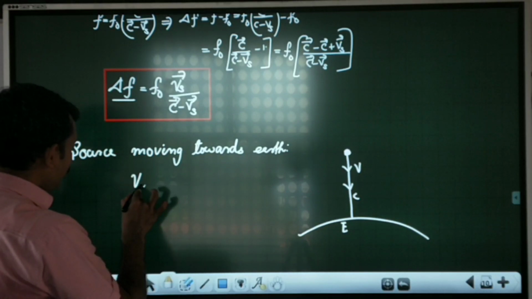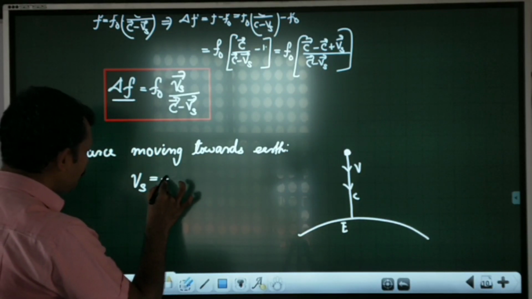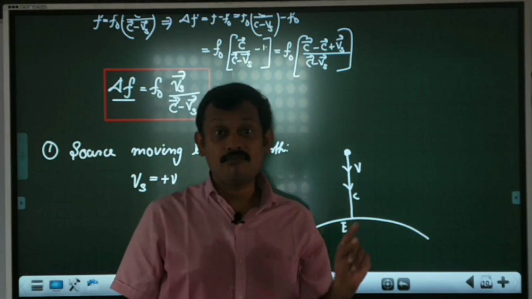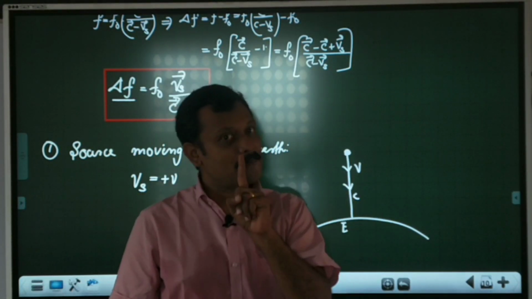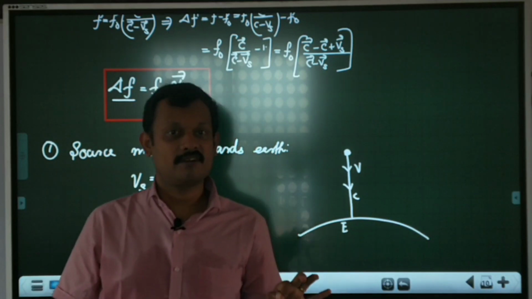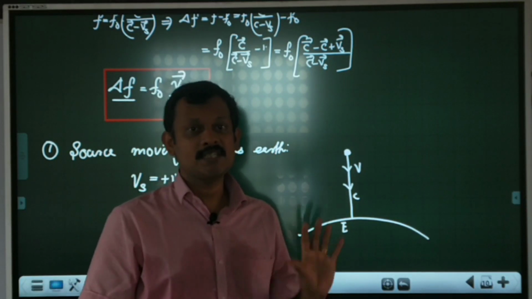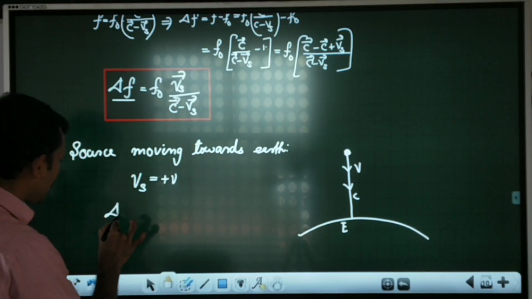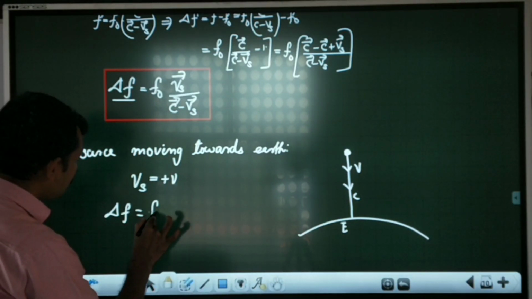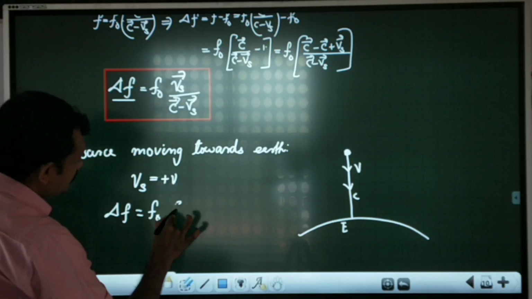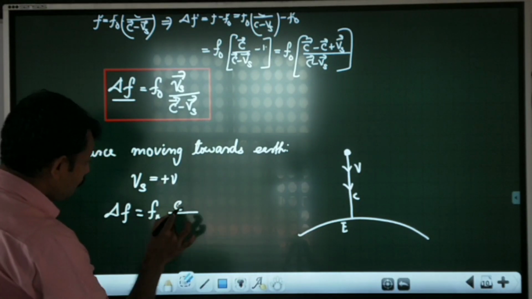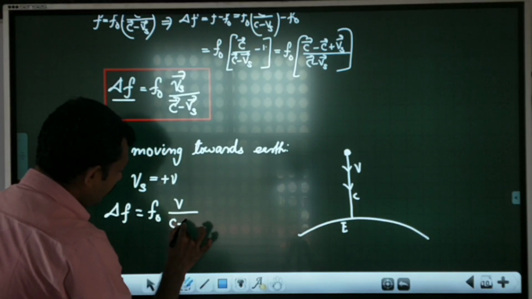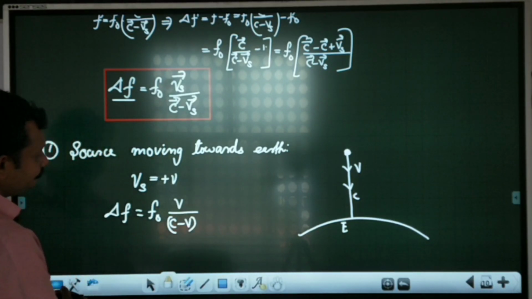So in this case I will say vs is equal to plus v, because those velocities in the direction of light we take as positive. That is a sign convention. So in that case delta f is equal to f0 into v divided by c minus v.